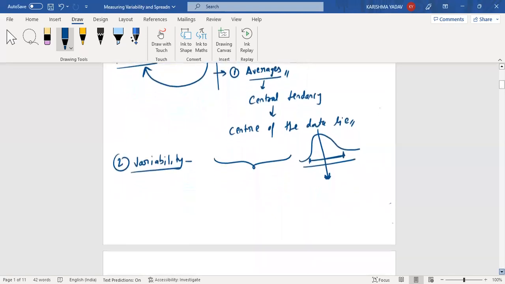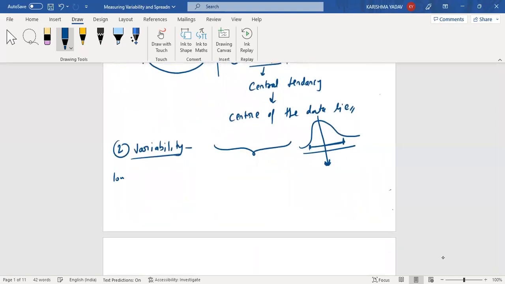See it like this. If we have low variability, then in that case we can better predict the population. And if we have high variability, then the results would be less consistent.